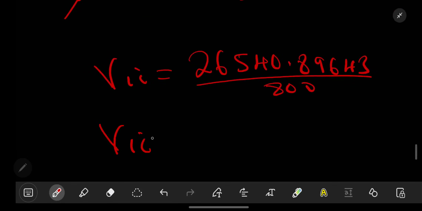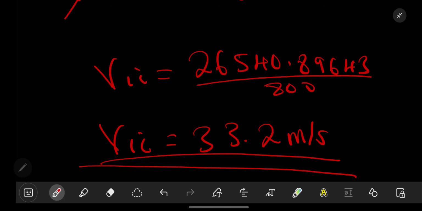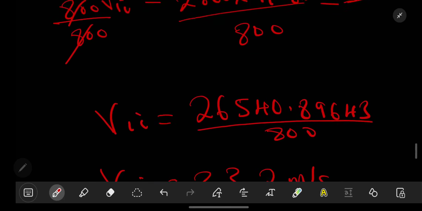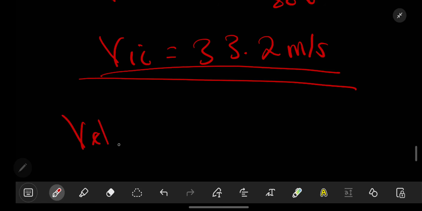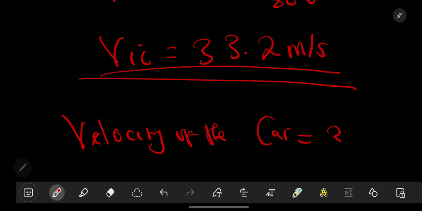So when we divide by 800, this tells us that the initial speed of the car is found to be 33.2 meters per second. So this is how we find that. That means the velocity of the car should be equal to 33.2 meters per second.